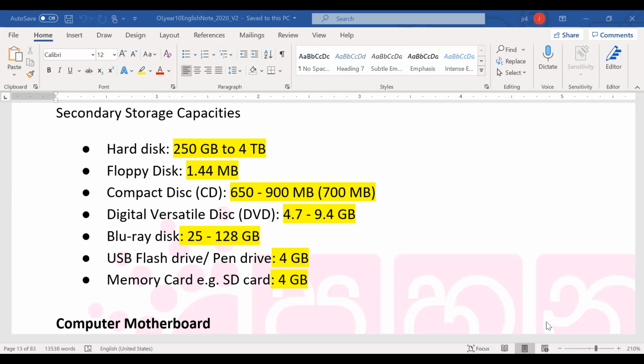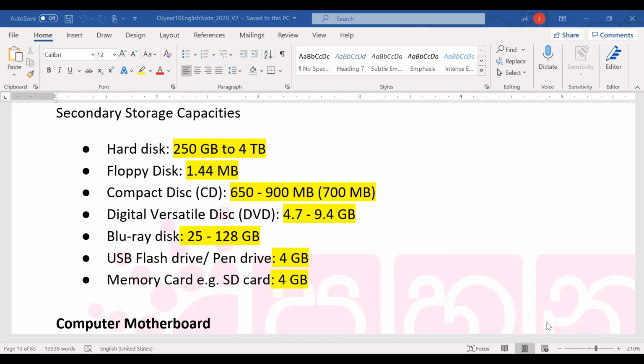And then CD, you already know the CD size. Normally you will have about 700 megabytes, but it can go from 650 to 900 megabytes. Then we have DVDs. DVD size is generally 4.7 gigabytes, but if it is a double layer, then you can go up to 9.4 gigabytes.